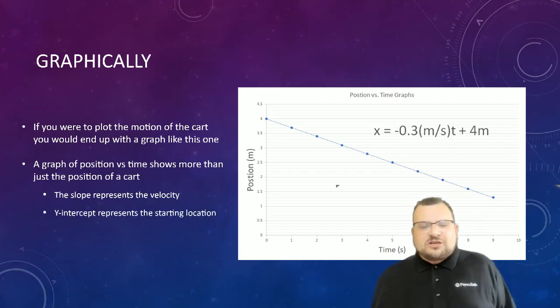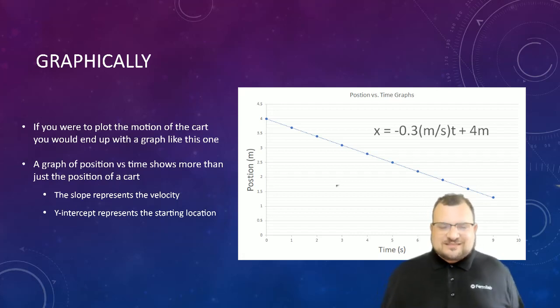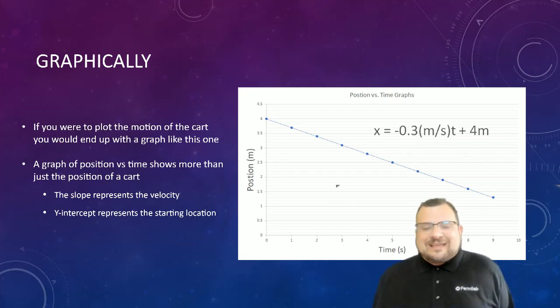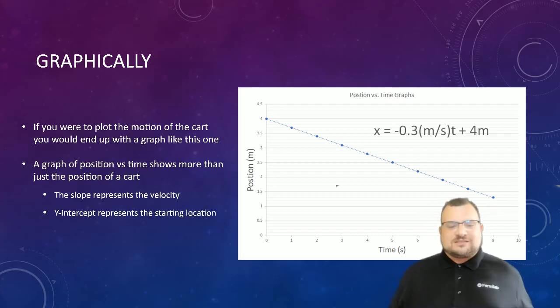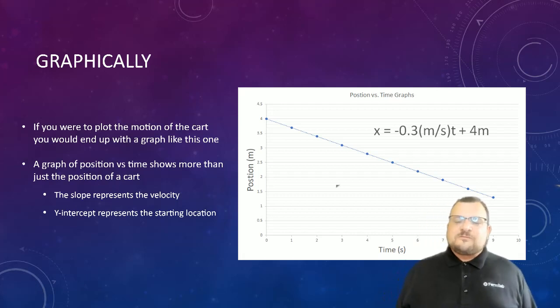We can also look at the y-intercept, and the y-intercept represents the location that that cart started from. You can see that I asked Excel to give the line a best fit, so its position along the x-axis is equal to negative 0.3 meters per second. It's negative because it's changing towards 0, getting smaller and smaller at that 0.3 meters per second, times the time plus that initial starting position of 4 meters.